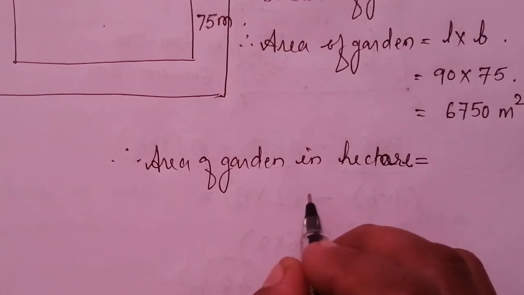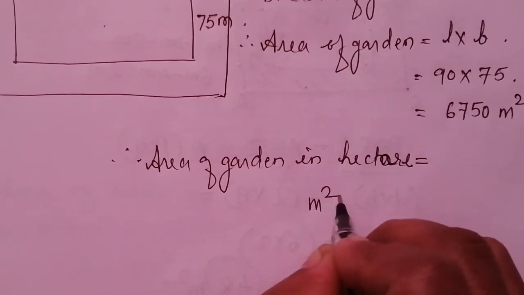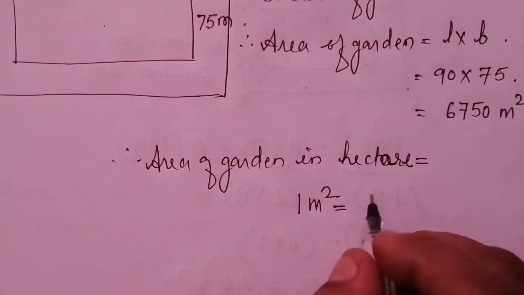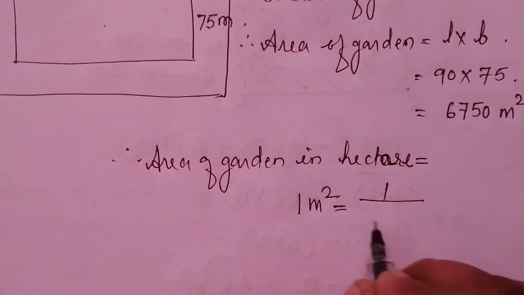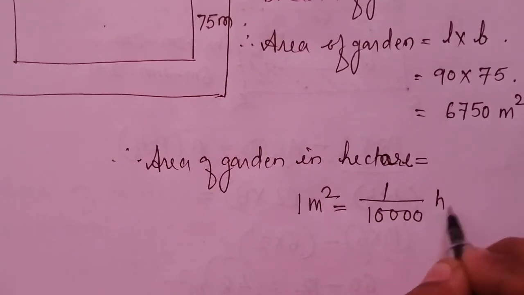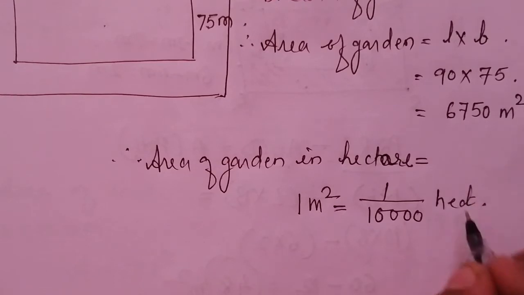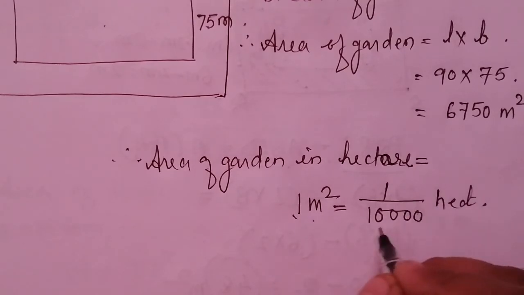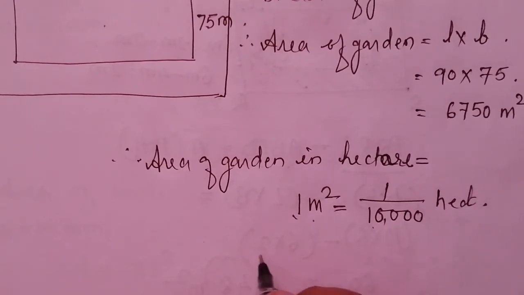So 1 meter square is equal to 1 upon 10,000 hectare, 1 divided by 10,000 hectare.